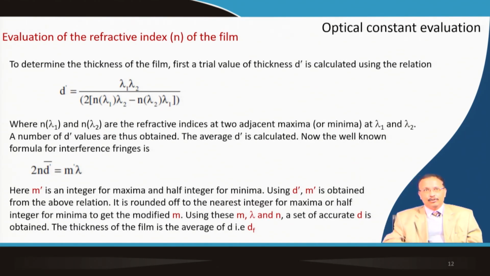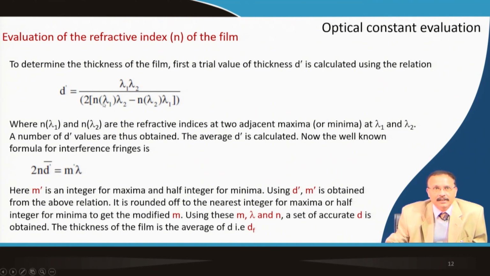Next, we can also determine the thickness of the thin film if you know the refractive index of the film. The relation is something similar to this, where you take the two refractive indices corresponding to either adjacent maxima or adjacent minima.